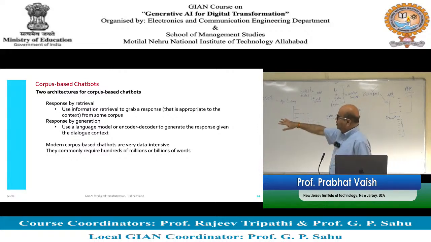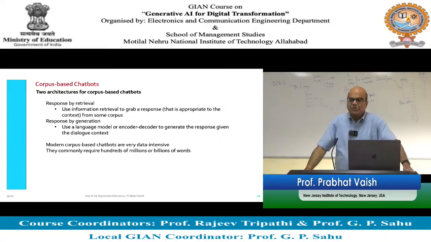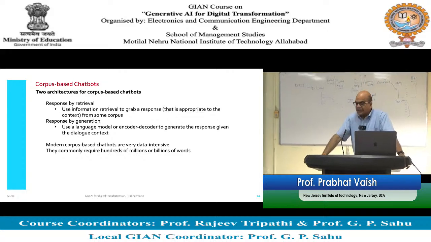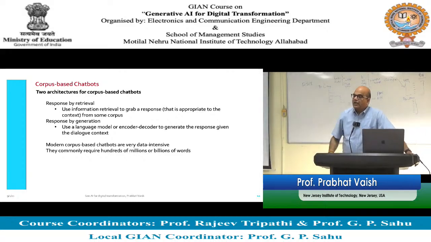There you could obviously do response by retrieval, it will work. But if you want to utilize or benefit from all the new things that have happened in the area of neural networks, you may want to use response by generation. So now apply what we learned in the last 8 days, and can someone tell me how exactly this will work?